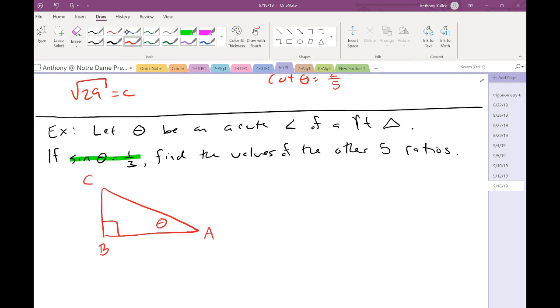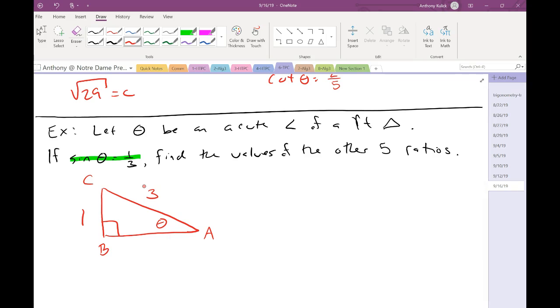So I know the opposite side should have length 1, and the hypotenuse should have length 3. Which side should I label as 1? AC, AB, or CB? CB. Which side should I label as 3? AB or AC? AC.